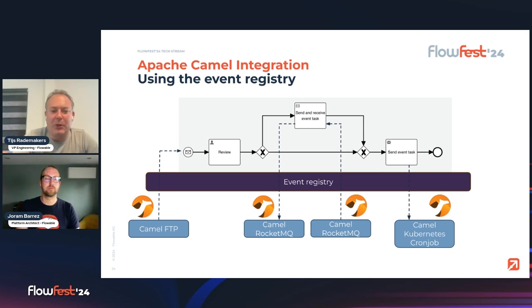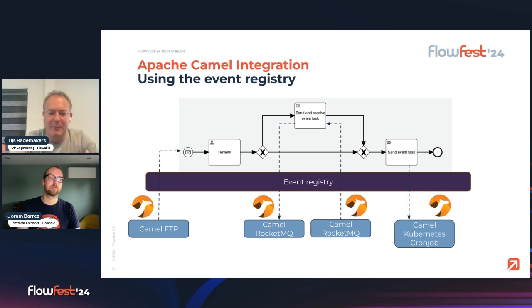In this example, you can see that the Camel FTP connector starts a process, for example, polling a certain folder in an FTP server. Then it's kicking off a new process instance and sending and receiving events from a RocketMQ connectivity, for example. And this is just one of the options, right?